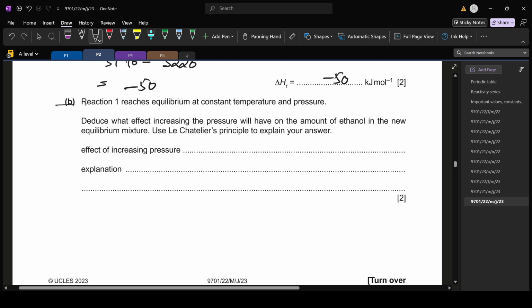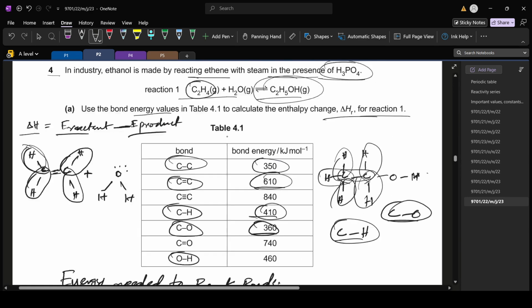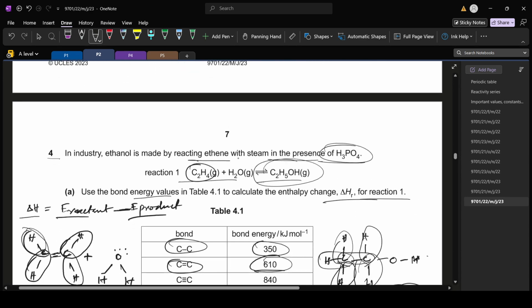Now part B. Reaction 1 reaches equilibrium at a constant temperature and pressure. Deduce what effect increasing the pressure will have on the amount of ethanol produced in the new equilibrium mixture. Use Le Chatelier's principle to explain your answer. So you see how many gaseous moles there are.